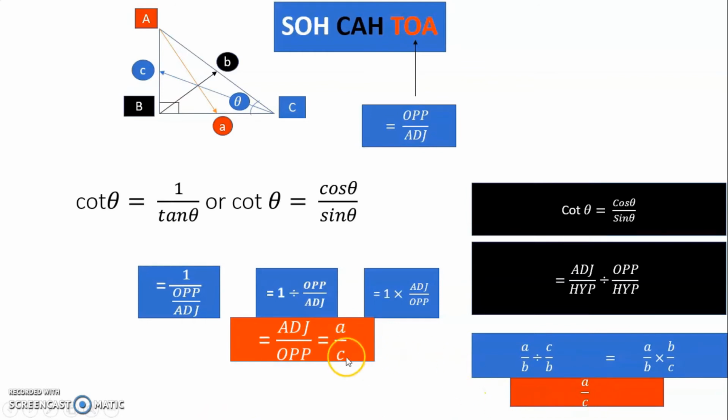That means 1 over tan theta is the same thing as cos theta over sine theta. They are the same. So therefore, we can say cot theta is equal to 1 over tan theta, or cot theta is equal to cos theta over sine theta.